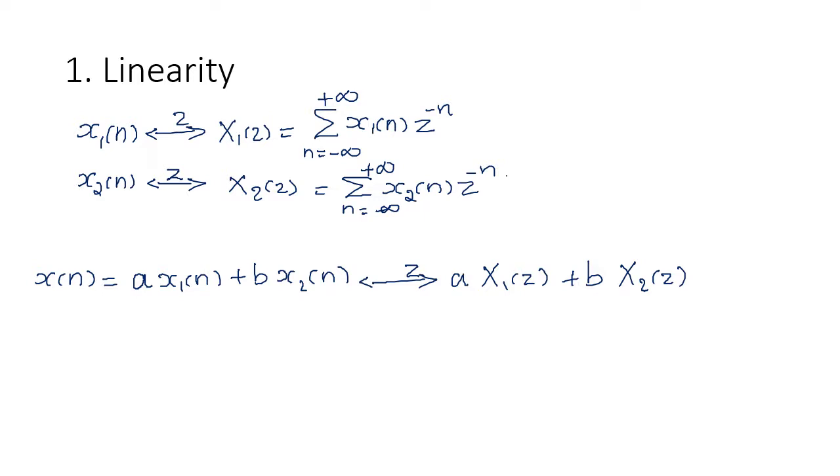Fine. So using the linearity property, one may find the z transform of complex signals by representing such complex signals as linear combinations of simple signals whose z transform is known. Fine.